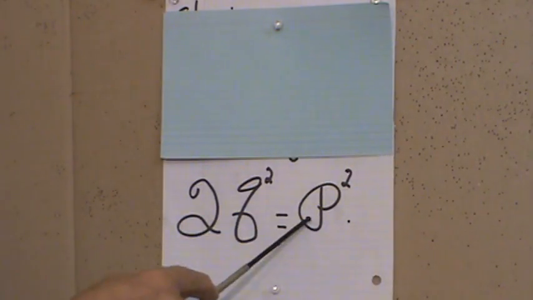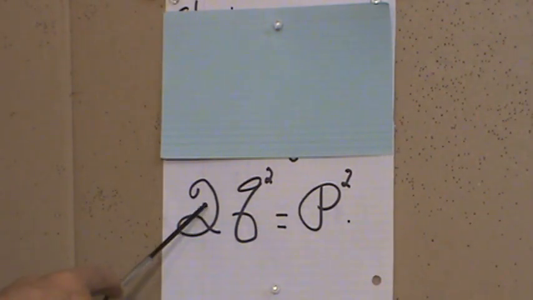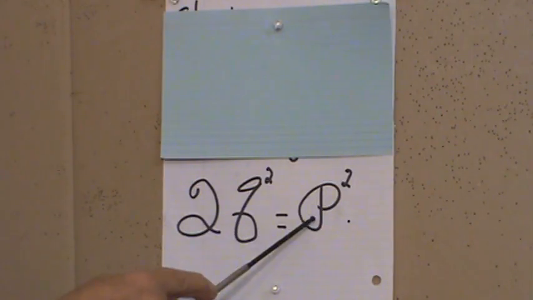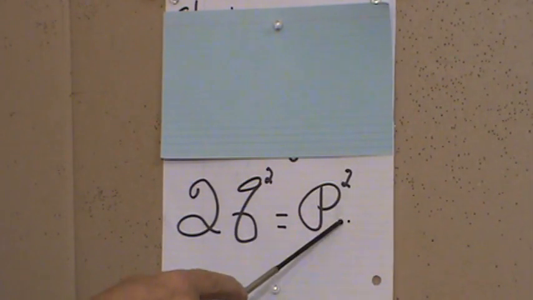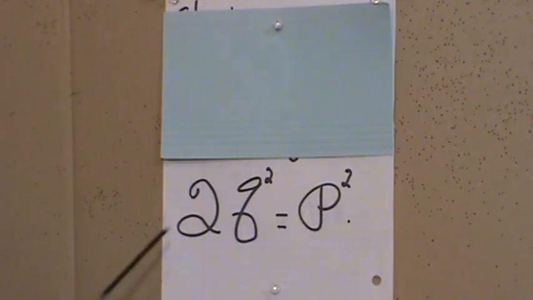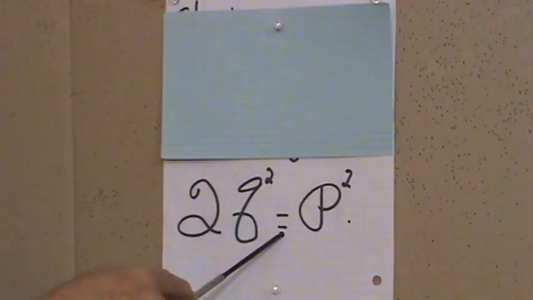You follow me? Because the number of factors should be even. So there is an even number of factors of 2 on the right-hand side. Therefore, we must have an even number of factors of 2 on the left-hand side to honor the equality.